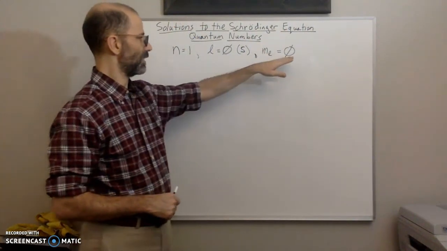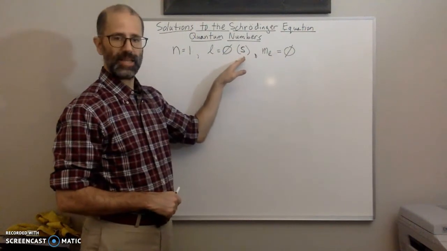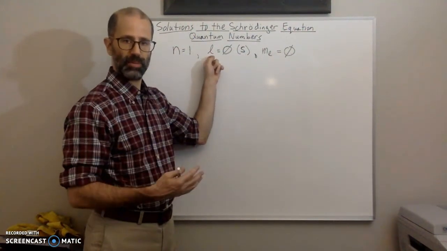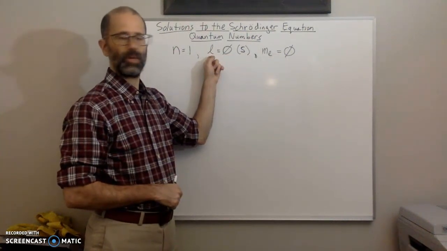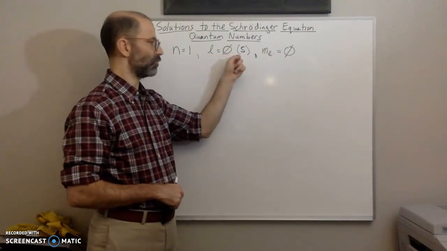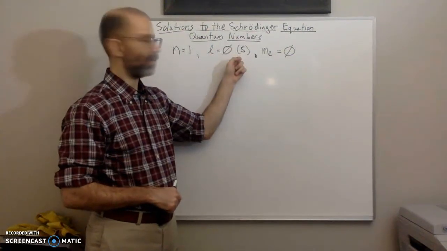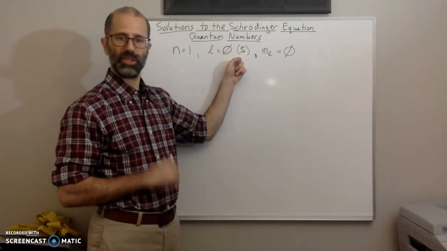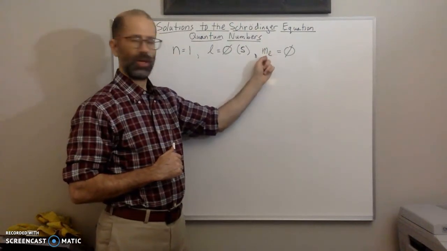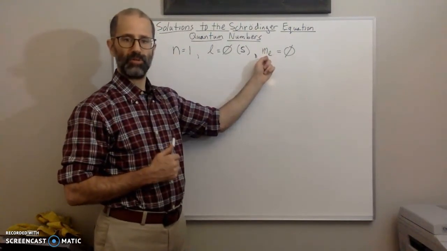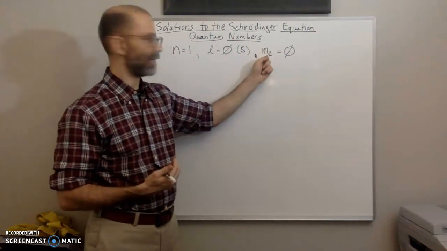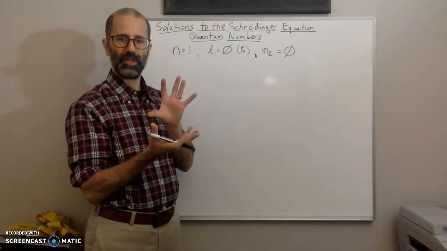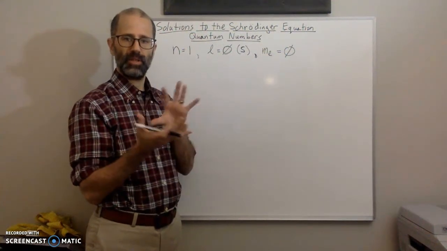Remember, your L values refer to the shape of your orbital. The shape of the S orbital is spherical. It's a perfect sphere, three-dimensional, looks the same all around. If your m sub L value refers to the orientation in space, how many ways can you orient a sphere in space so that it looks different?